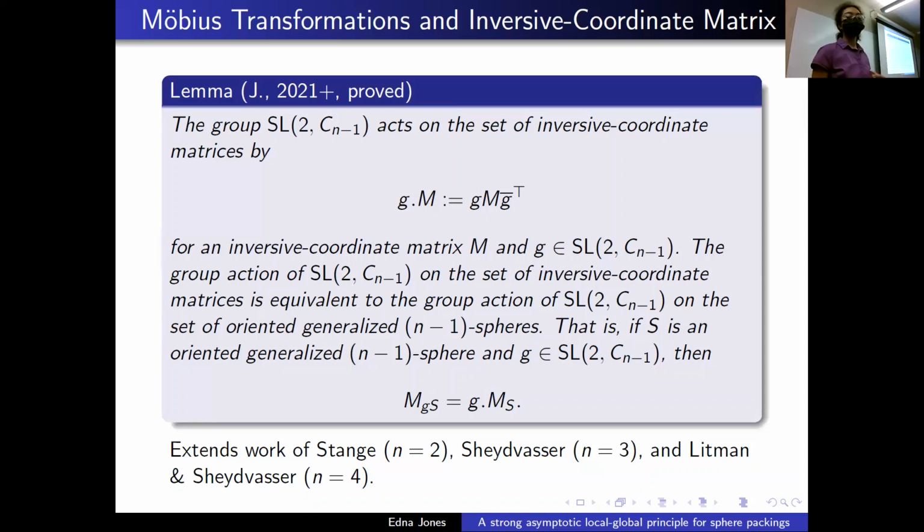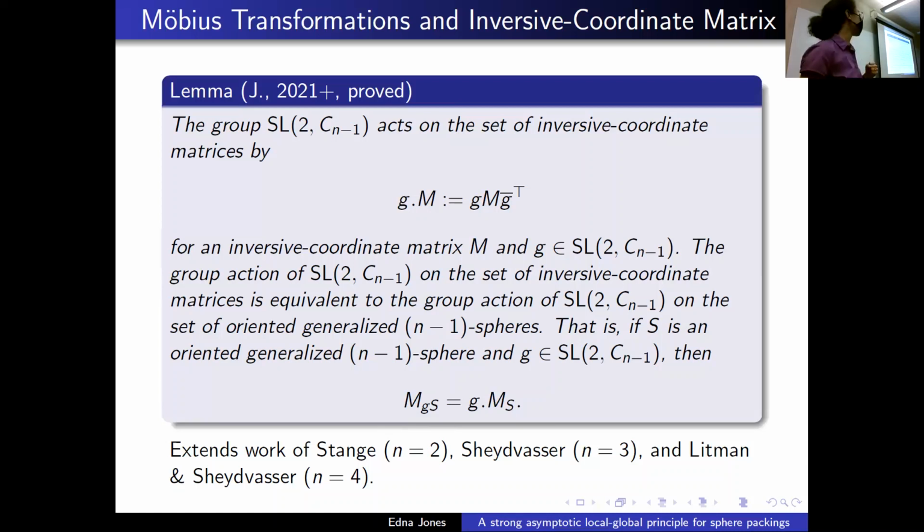That is, if S is an oriented generalized n-1 sphere and G is a matrix in SL2(C^{n-1}), then the inversive coordinate matrix of G of S is the same as G acting on the inversive coordinate matrix of S.